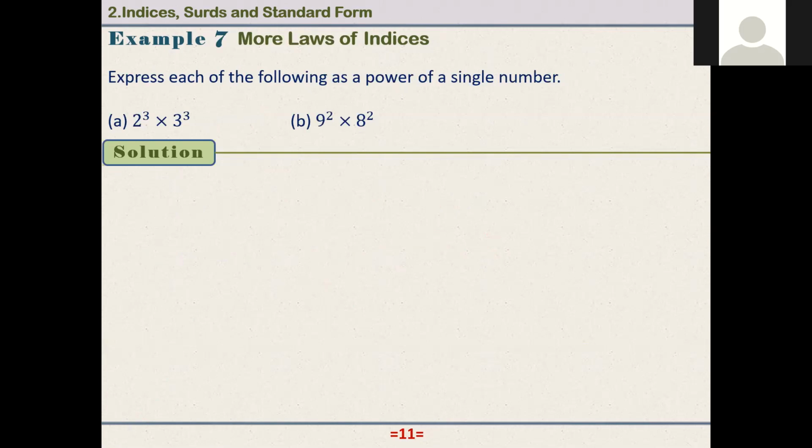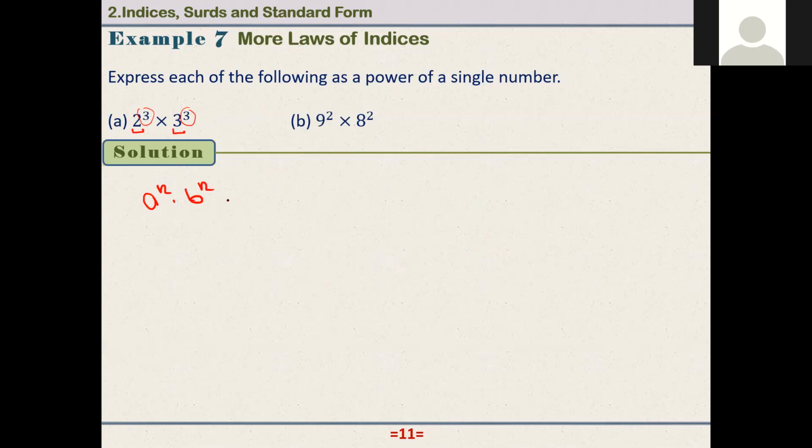More laws of indices. Here we are going to use another one. If you notice here, the bases are different. Here we have base 2, base 3, but the exponents are the same. At this time, we have something like this: a to the power n times b to the power n.